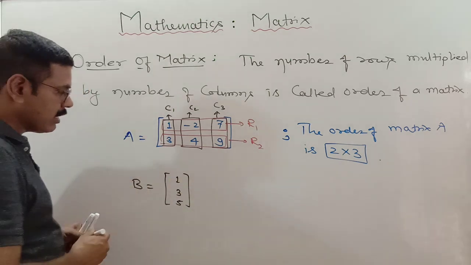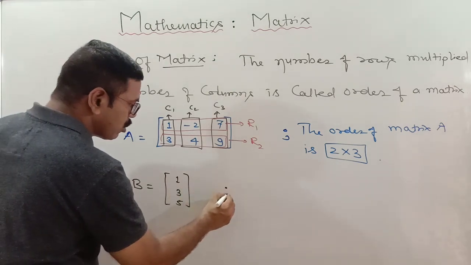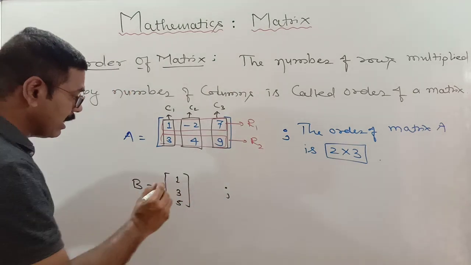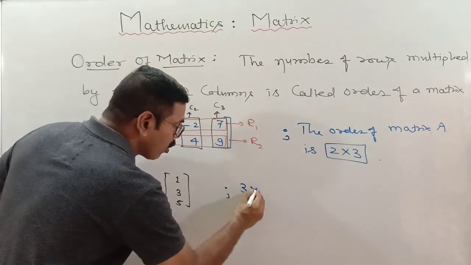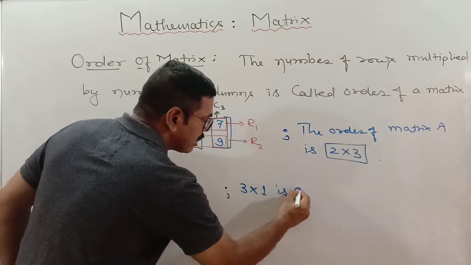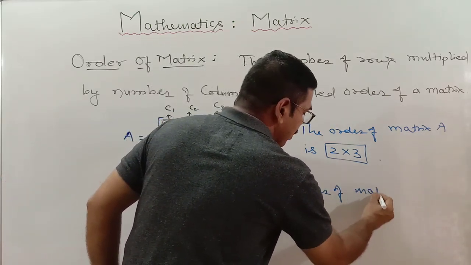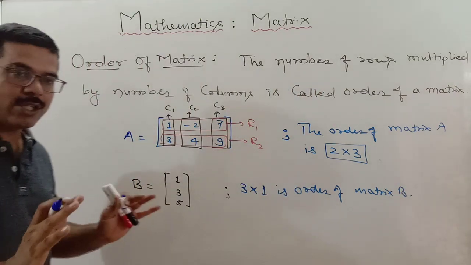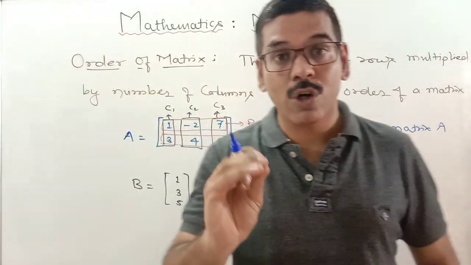Okay, this is the matrix B. Okay, so what is the order of matrix B? Can you determine the order of matrix B? Row number 1, row 2, row 3 and column 1. So 3 cross 1 is order of matrix B. Is there any doubt? I don't think you are having any doubt in this. That's very easy, very simple to determine the order of matrix.